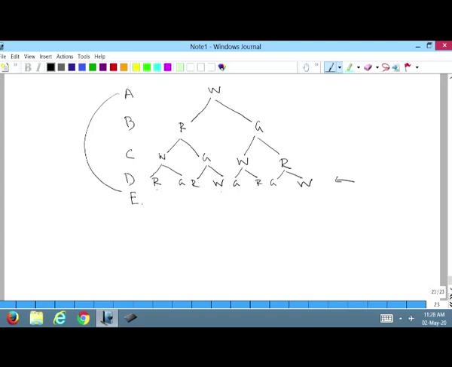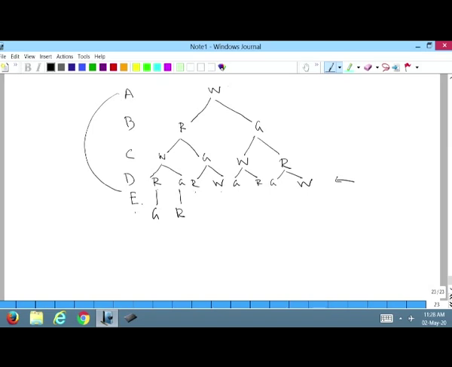Now, since D is red, E can get white and green, but E cannot get white because A has white. Therefore, in this case only green. If it is green, then in this case it can be only red.